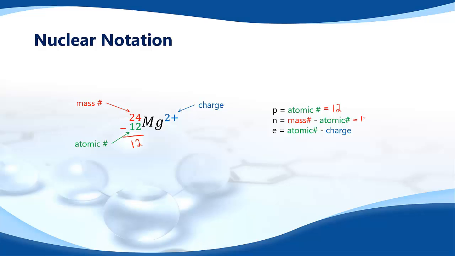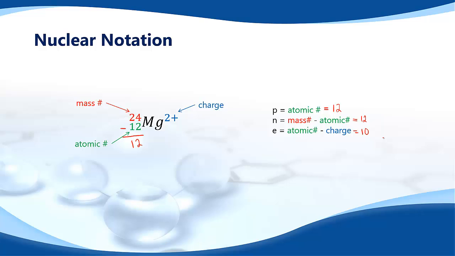Electrons is atomic number minus charge. So 12 is my atomic number, minus 2 for the charge means I have 10 electrons. Now please note, if the charge is negative, you'll be subtracting a negative, which is adding. So this is figuring out how many protons, neutrons, and electrons something has. This is a task I'm going to ask you to do and you'll be graded on.